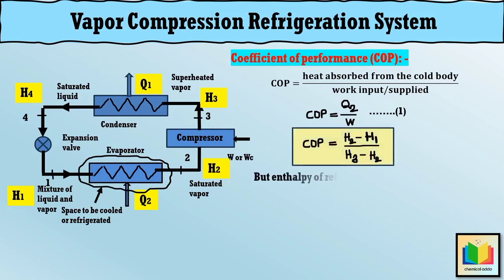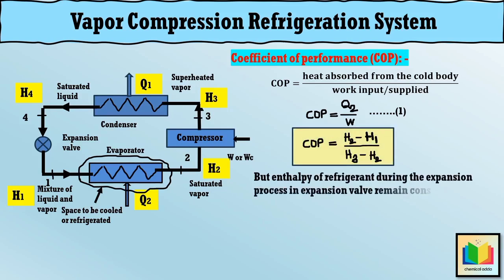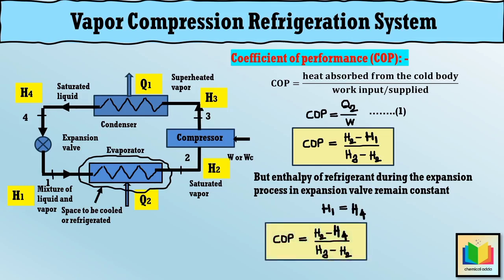But enthalpy of refrigerant during the expansion process in the expansion valve remains constant. Hence, we can write H1 equal to H4. Hence we get COP is equal to H2 minus H4 divided by H3 minus H2. Hence from these two equations, we can calculate the COP of the vapor compression refrigeration system.